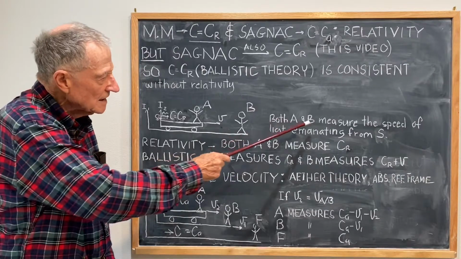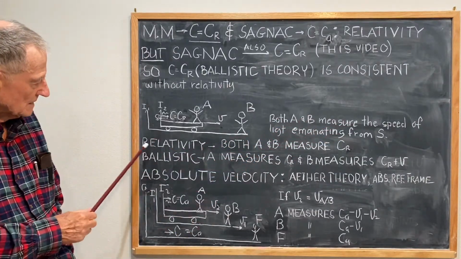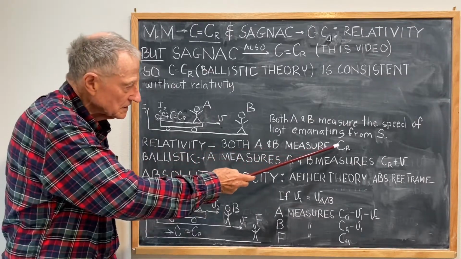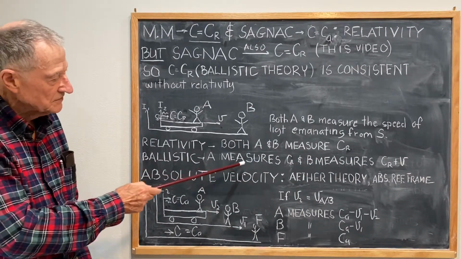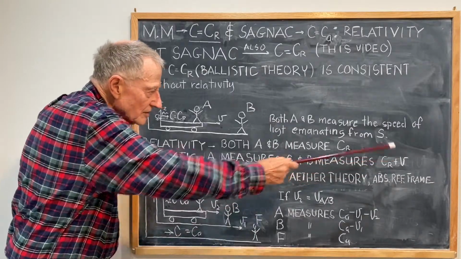Both A and B measure the speed of light emanating from S. The relativity theory says that both A and B measure c relative, whereas the ballistic theory says that A measures c relative and B measures c relative plus V.